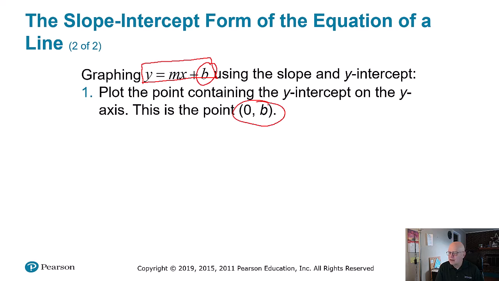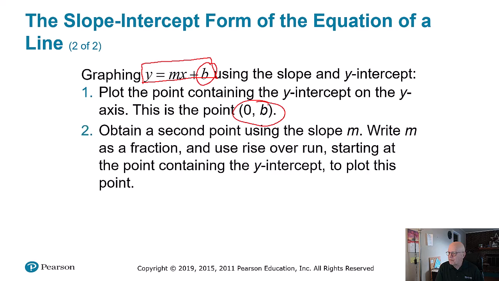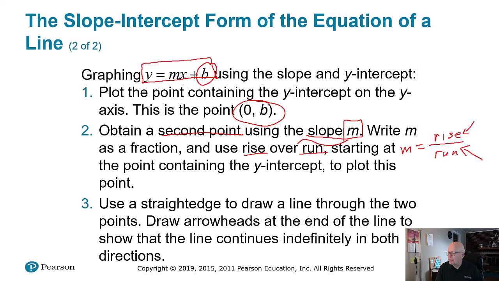Grab that point. Graph it. Second, you need another point if you're going to graph a straight line. We're going to use the slope. Remember, the slope is rise over run. Slope, rise, that's the y values, over the run. How are the y values changing while the x values are changing?